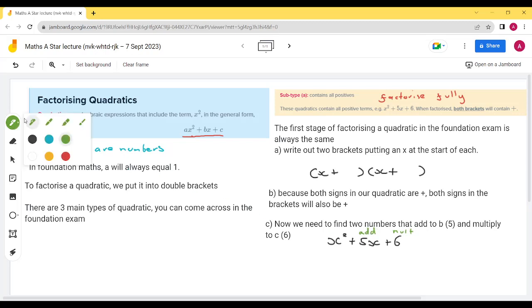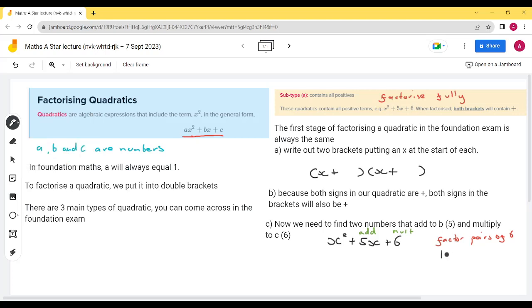In this case, it's relatively straightforward finding the numbers. You may well be able to see it already, but a good way to do it, if you're not sure, is to think of factor pairs of 6, so numbers which multiply to make 6.